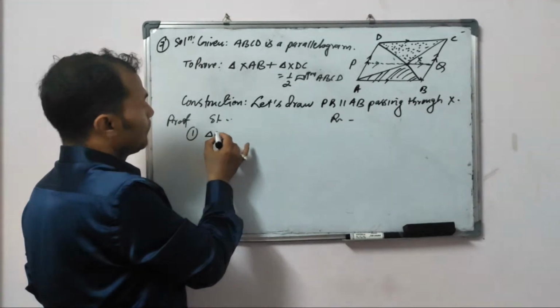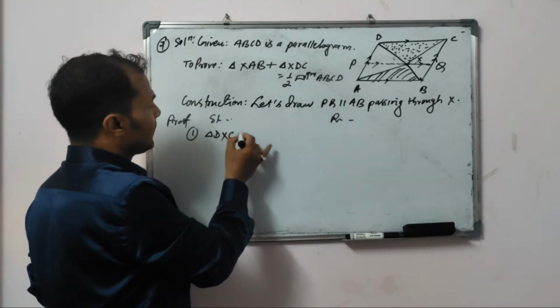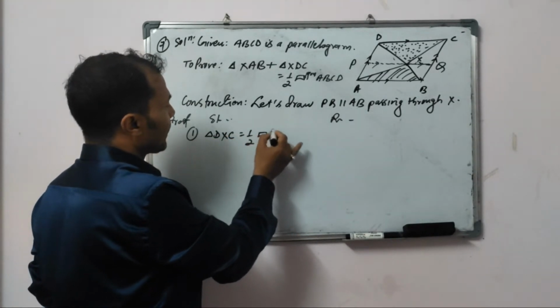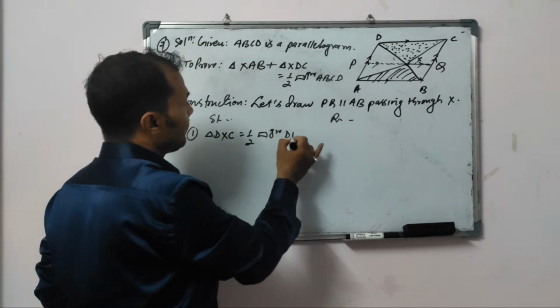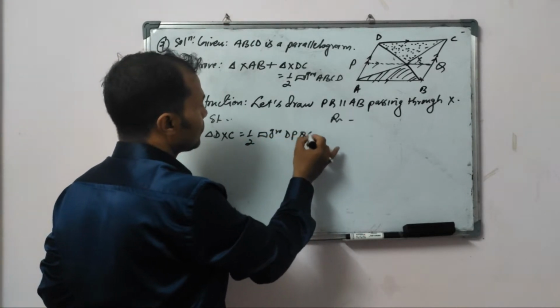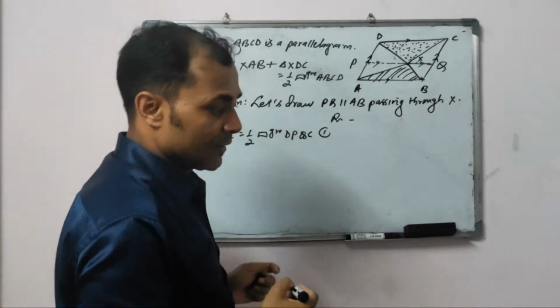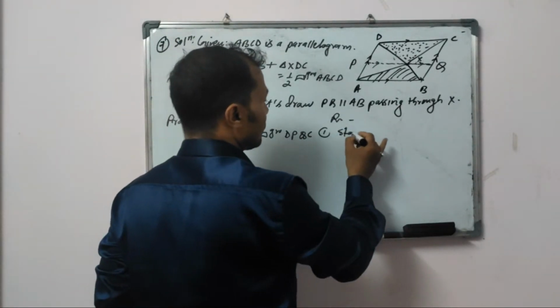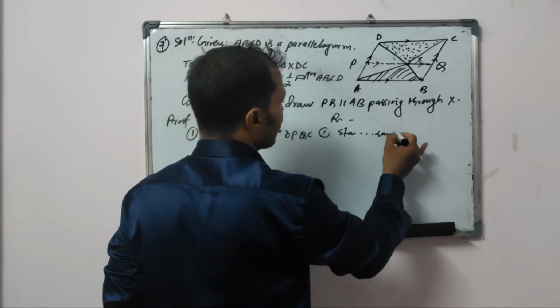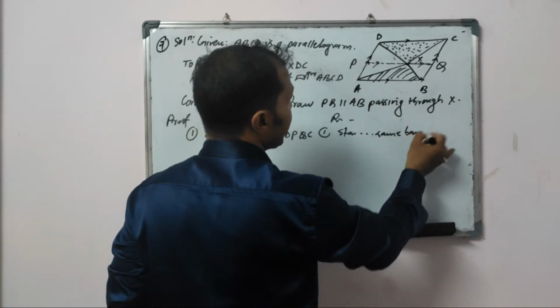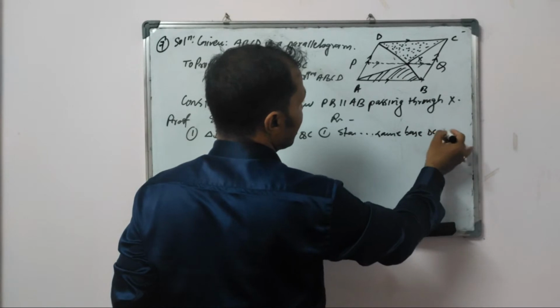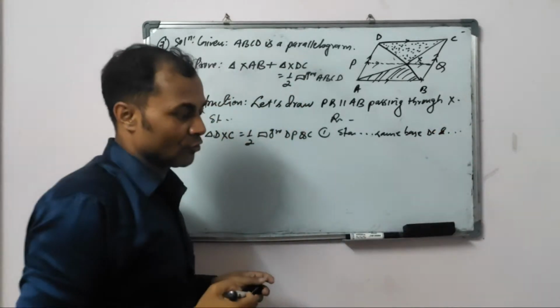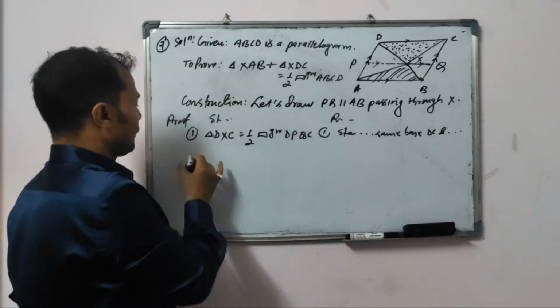Triangle DXC is half of the parallelogram DPQC. What's the reason for this? Both of them stand on the same base between the same parallel lines. Which base? DC. And between the same parallel lines. So I hope you can write this in your own way.